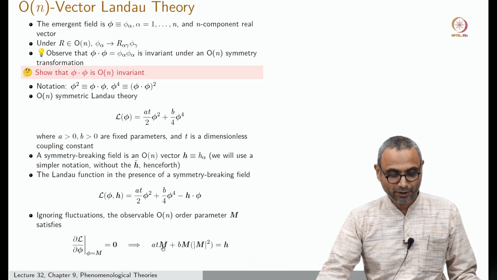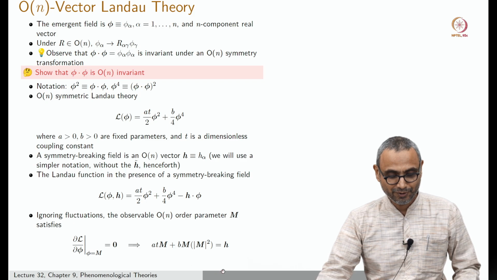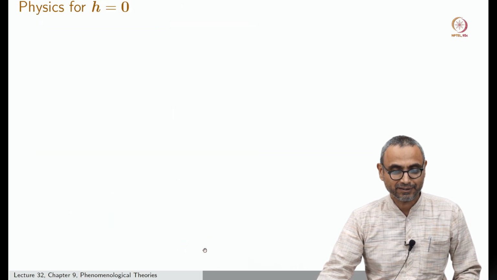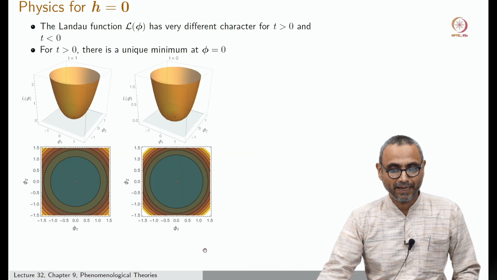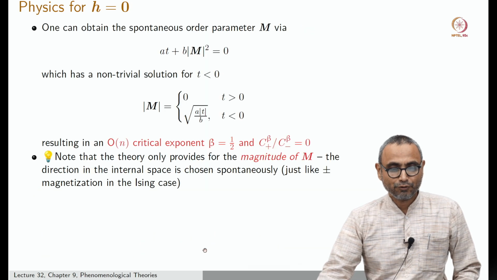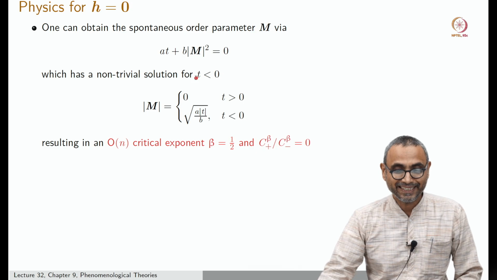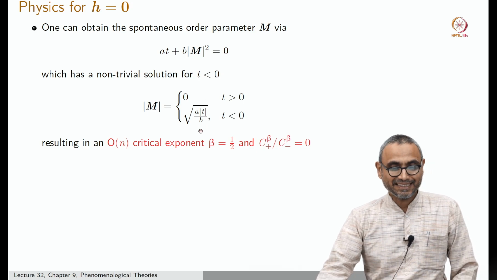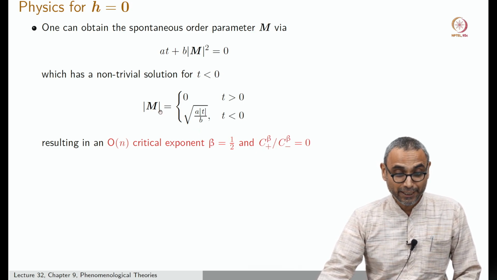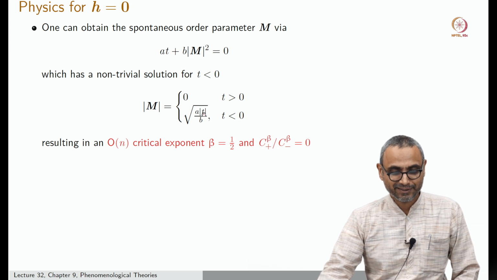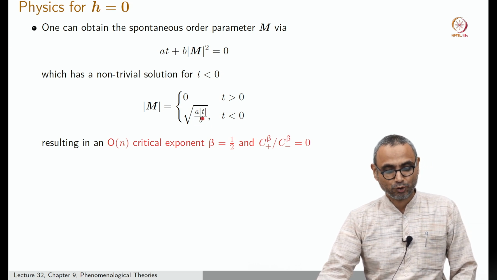Put h is equal to 0, and you know that m is not 0, so it's a plus b mod m square, that is 0. So from here you will find that there is a non-trivial solution when t is less than 0, and that non-trivial solution for magnitude of m goes in this fashion as square root of t.